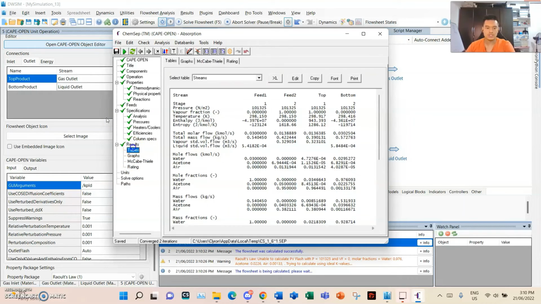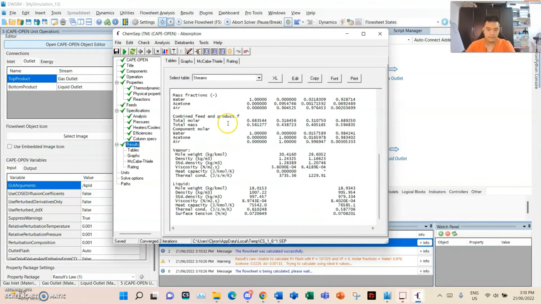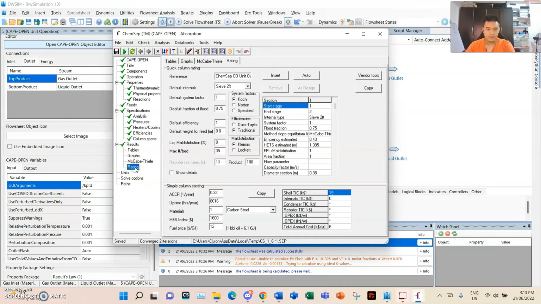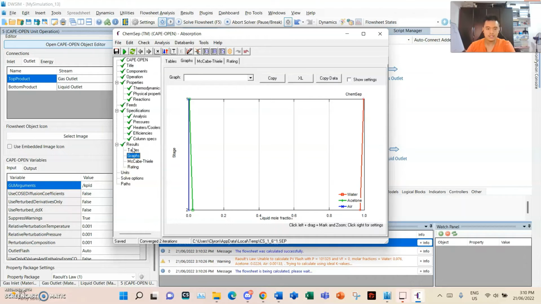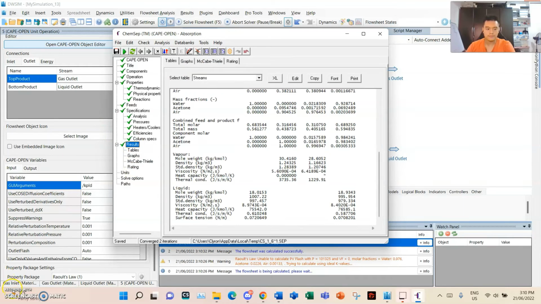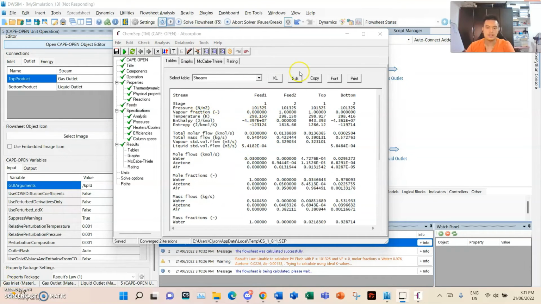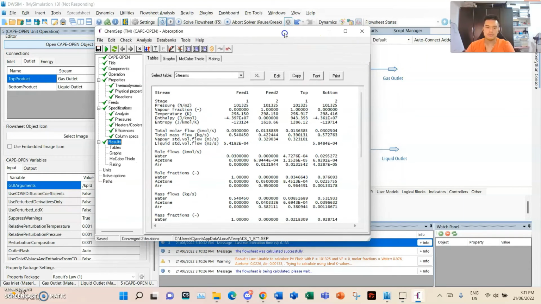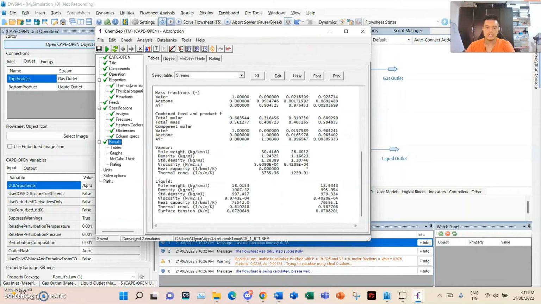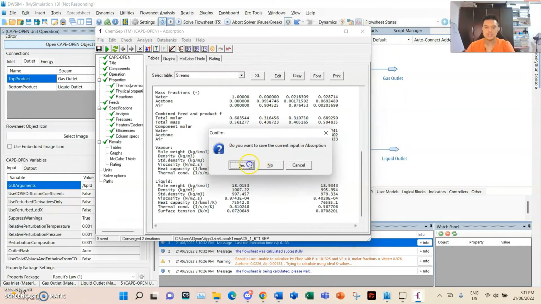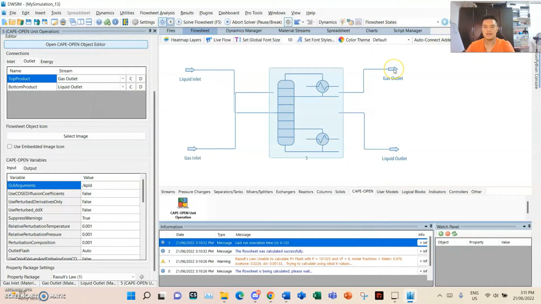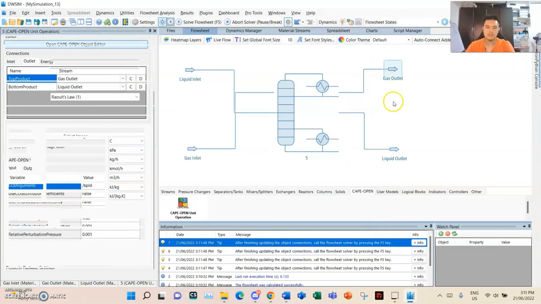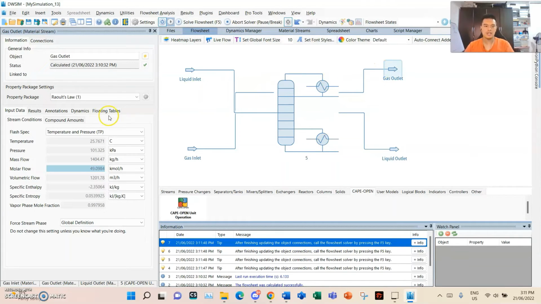And actually, let's just look at the results. Though you can see the outlet specifications here, it's easier to just check them in the DWSIM procedure itself. So this is the gas outlet.